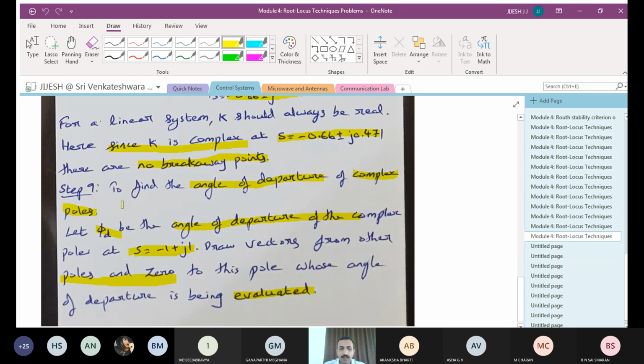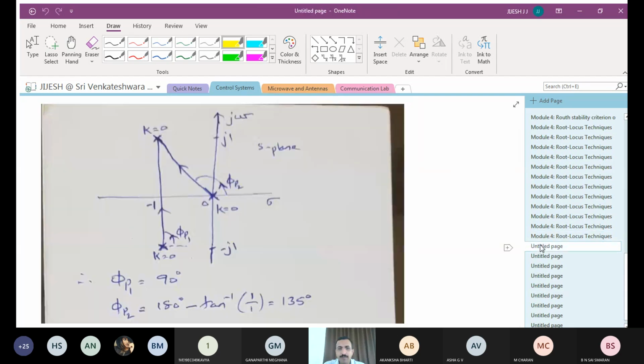So when we go ahead with finding the angle of departure, draw this figure where you have the poles represented here, and you have phi of P2 as well as phi of P1. We will be further concentrating on phi of P2 and phi of P1.